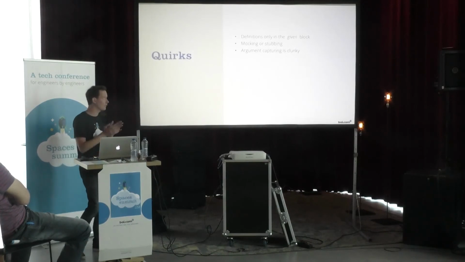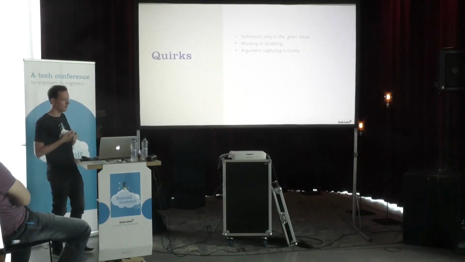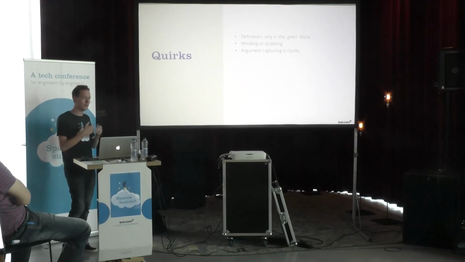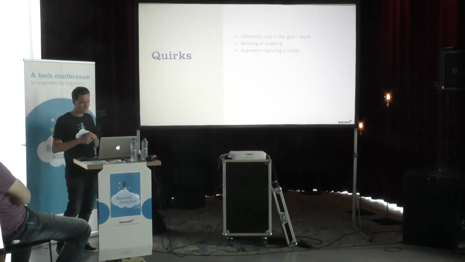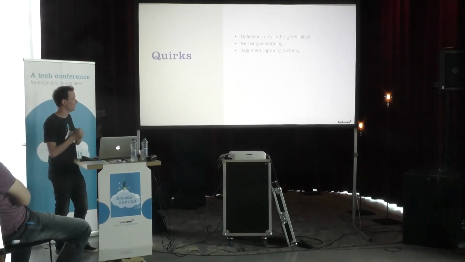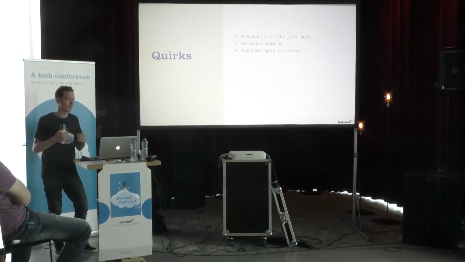So there are some quirks, as I said, to Spock. Definitions can only be done in the given block, so you really have to define all your variables and your stuff over there. Mocking and stubbing is something you have to get the hang of. It's slightly different than how you would do this in Mockito, for instance.